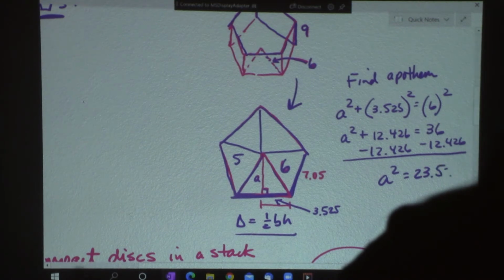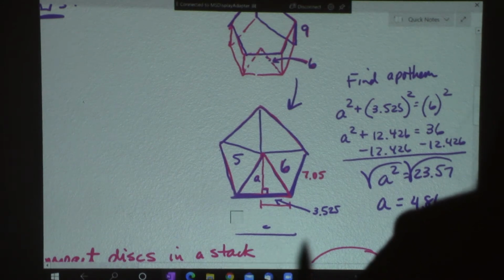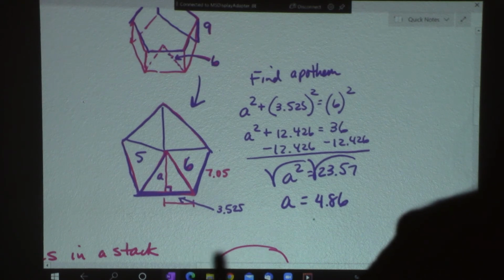I'm going to round it up to 5.7. And when I take the square root, I get a equals 4.86.